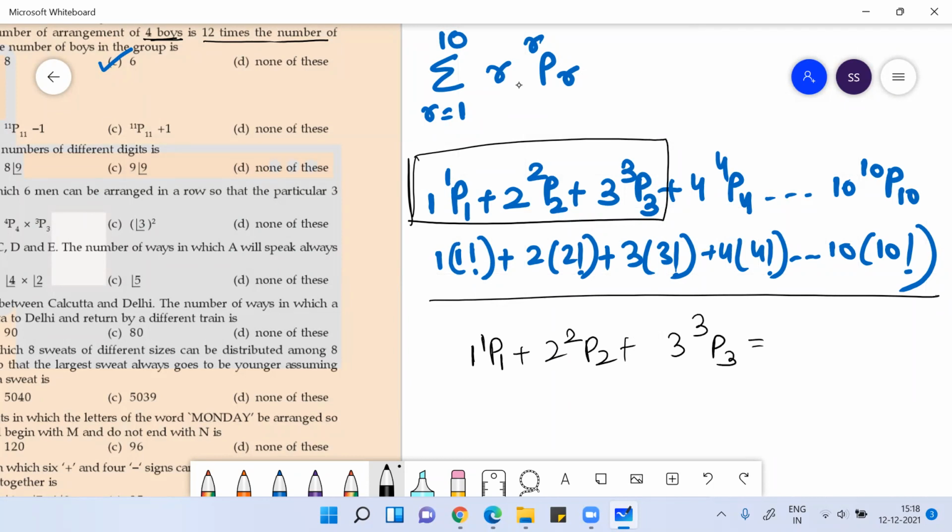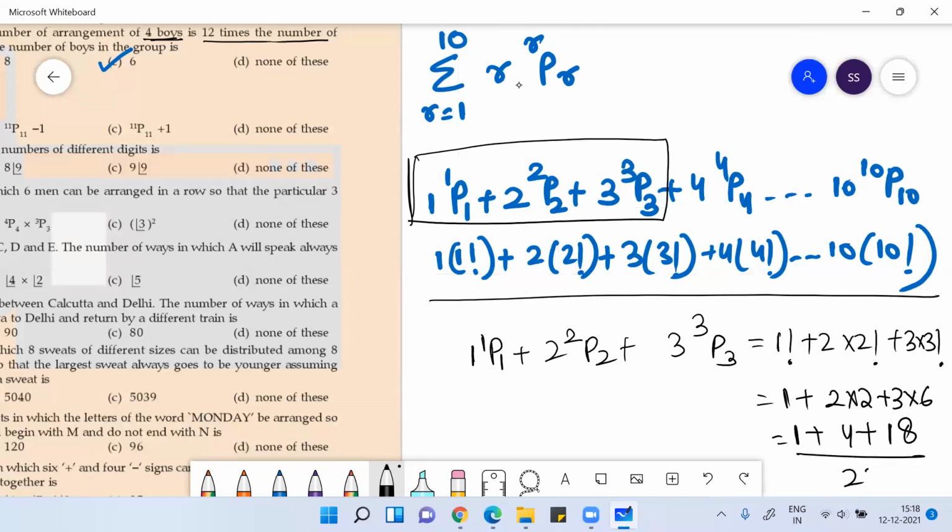So this is 1 factorial plus 2 into 2 factorial plus 3 into 3 factorial. So this is 1 plus 2 into 2 plus 3 into 6. This is 1 plus 4 plus 18. So this is 23, right?